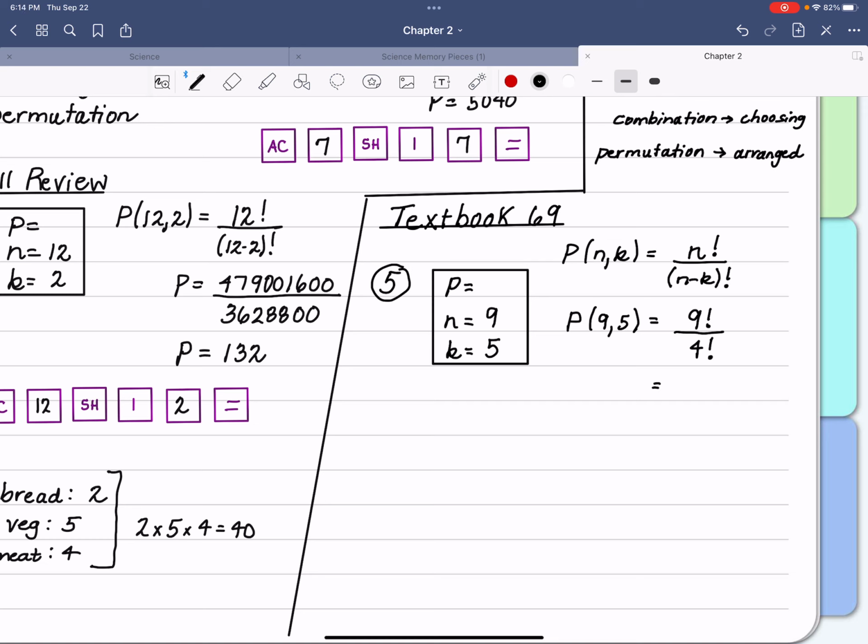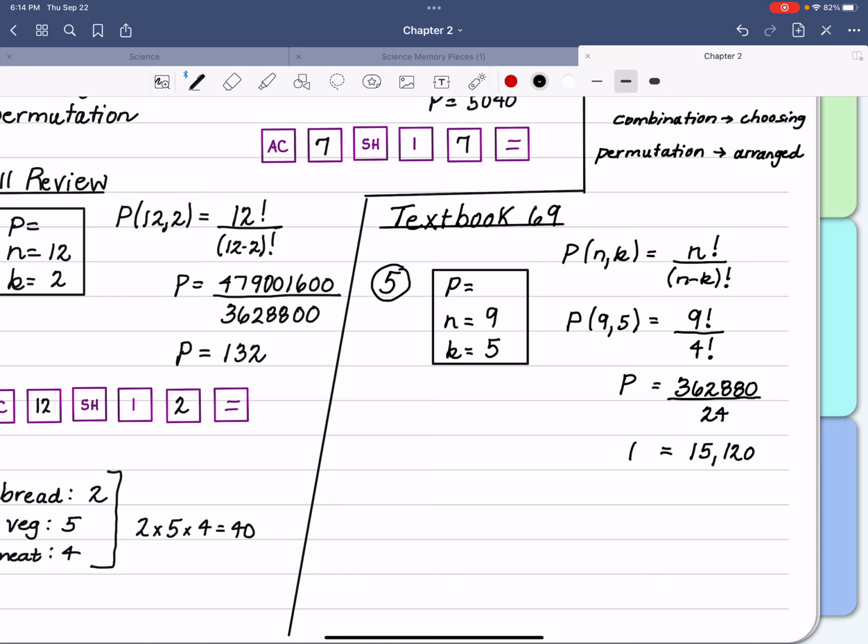All clear, 9 shift 3 equals, it's huge. And then you're going to divide that by, all clear, 4 shift 3 equals 24. And we will have 362,880 divided by 24, and that is 15,120.